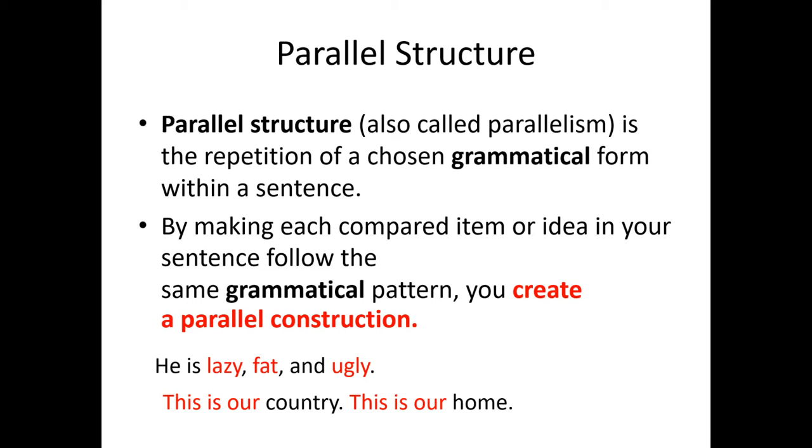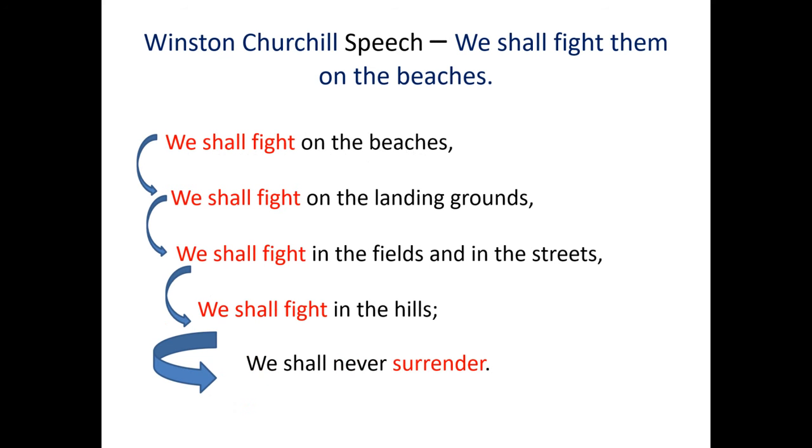This is our country. This is our home. So these are two structures that are parallel. We shall fight on the beaches. This is a famous speech by Winston Churchill. We shall fight, we shall fight, and we shall never surrender.